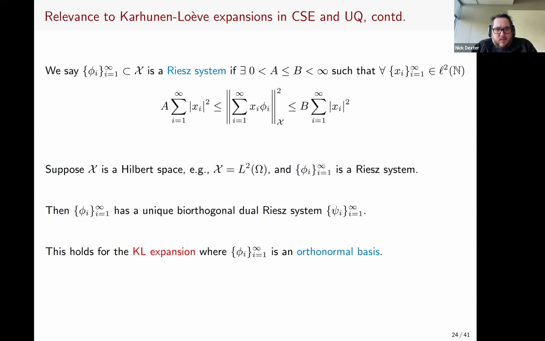We say that phi is a Riesz system if there exist a and b between 0 and infinity such that for all sequences xi in ℓ2, we have this string of inequalities: a times the sum of the squared absolute values of the coefficients xi is less than or equal to the X norm of the phi expansion, and this is less than or equal to b times the sum of the xi squared in absolute value. Suppose that X is a Hilbert space, for example X is L2, and phi is a Riesz system. Then phi has a unique biorthogonal dual Riesz system psi_i, and this holds for the KL expansion where the phi is an orthonormal basis.